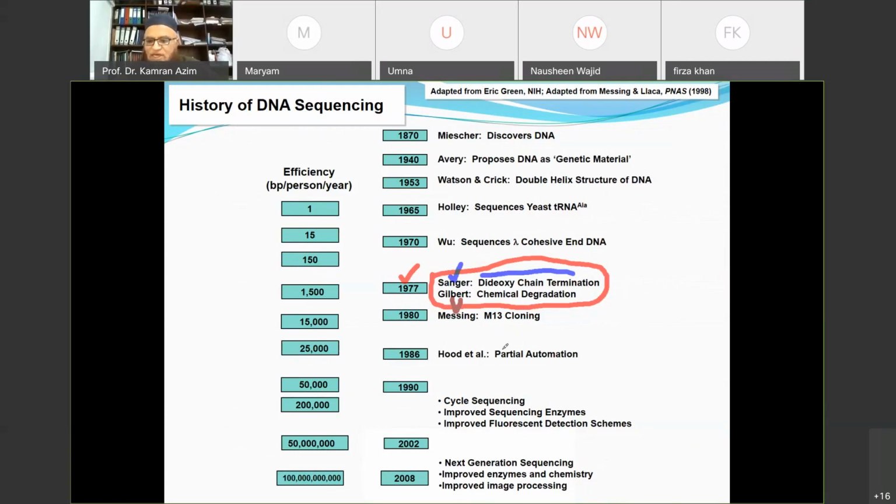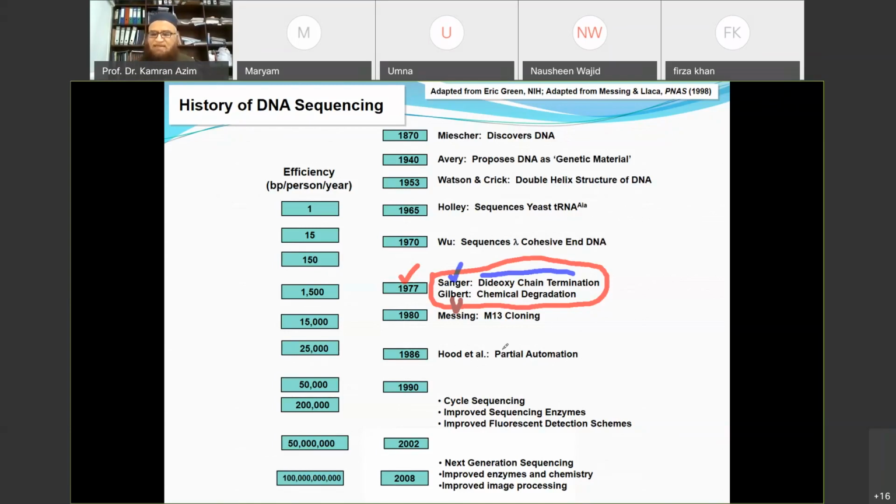And during the previous class, last week, we already studied how to do DNA sequencing using the Sanger method. And there are several videos on YouTube, very intelligently described, in which they describe the basic principle of the Sanger DNA sequencing method.